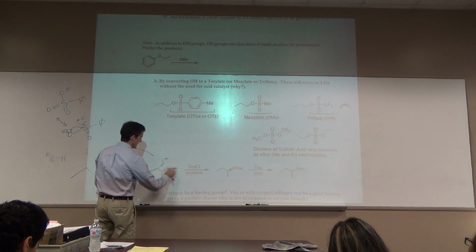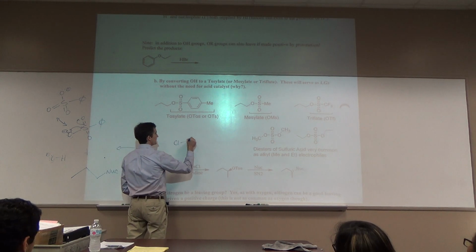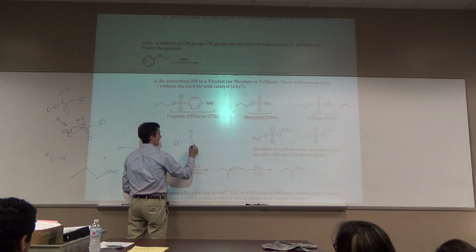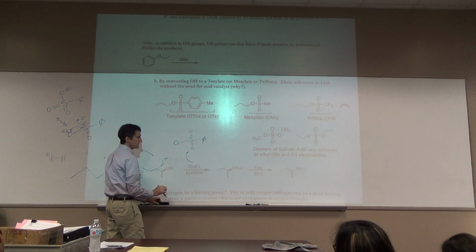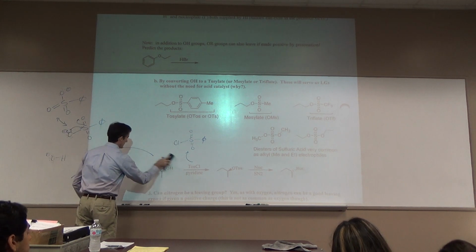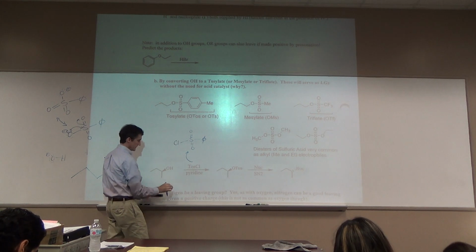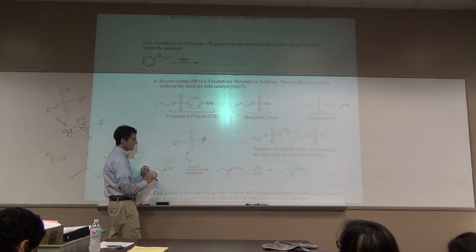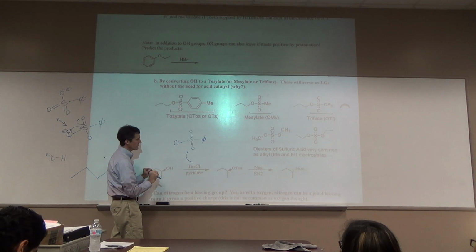How do you make this? You make these from tosyl chloride. That would be a chlorine with the tosyl. Tosyl chloride. I'm not going to do this mechanism because it's not a straight SN1 or SN2 substitution.